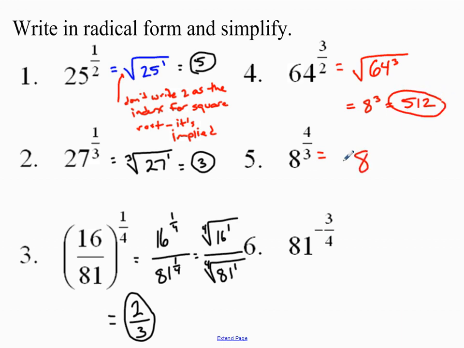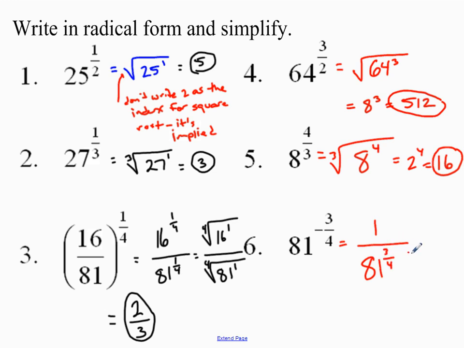So then the next one, we've got 8, power over root. The cube root of 8 we know is 2, and 2 to the 4th we know is 16. Okay. Last one has a negative exponent. Because it's a negative exponent, that means go to the denominator and become a positive exponent.